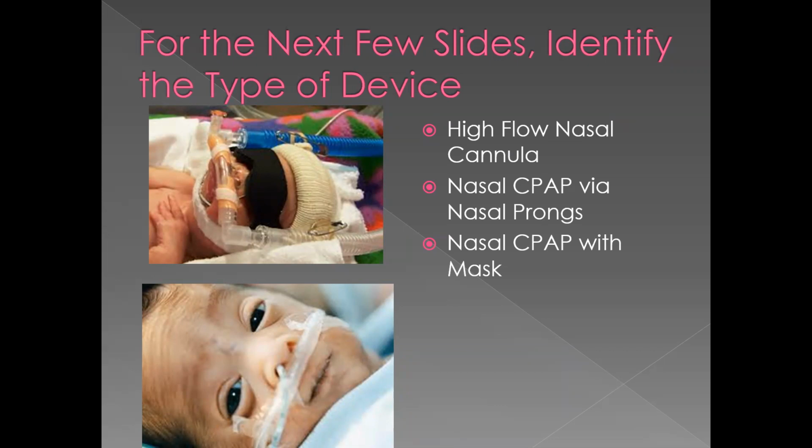Nasal prongs, you're going to see that the prongs completely cover the nose. Nasal CPAP with a mask, they make these teeny tiny little masks that can go over the nares. And I know Broward Health does this, like they'll switch off, because when the nasal prongs are resting on the skin, they can irritate the skin and create breakdown of the skin.